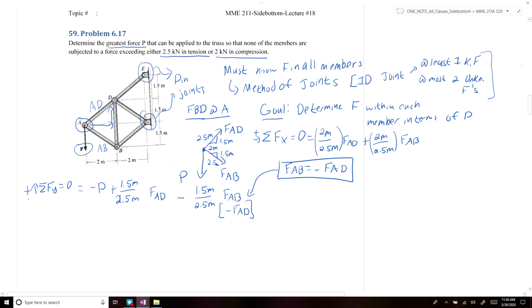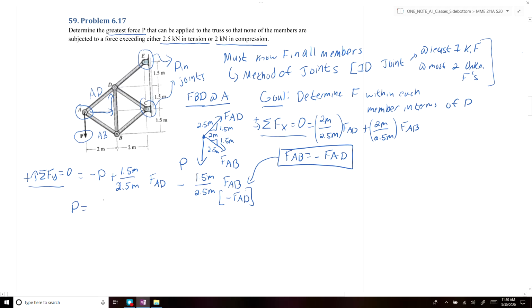And if we do that, what we'll end up getting here is that P will be equal to 1.5 meters over 2.5 meters FAD plus 1.5 meters over 2.5 meters FAD.